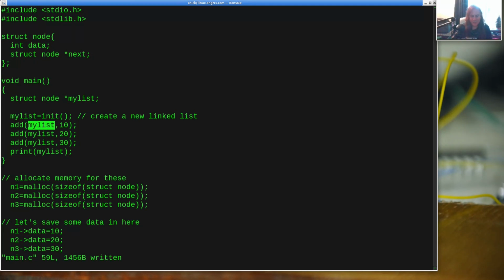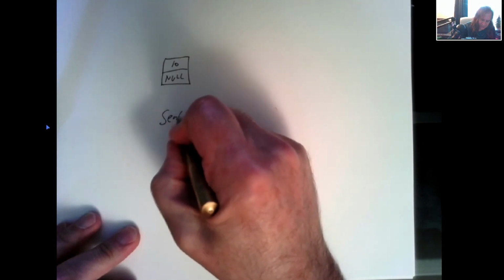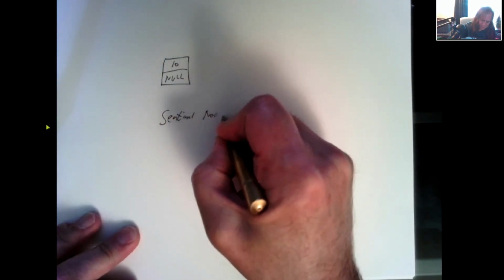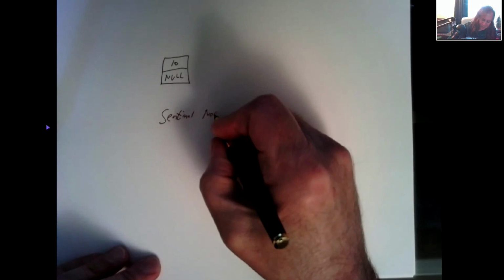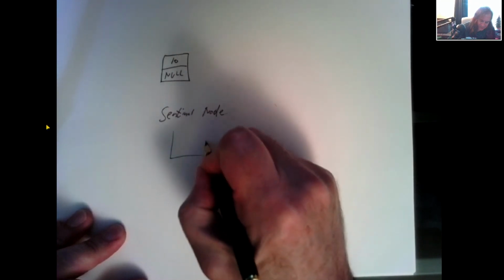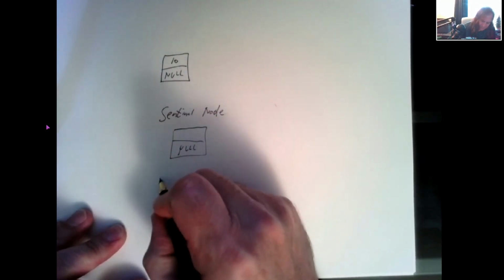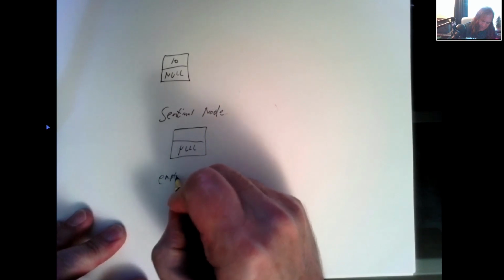So we're going to do something a little slick here. We're going to use what's called a sentinel node. The idea of a sentinel node is that it's a placeholder. It's a node that exists, but we don't really use the value of it. So our empty list is going to look like this. This is an empty list.